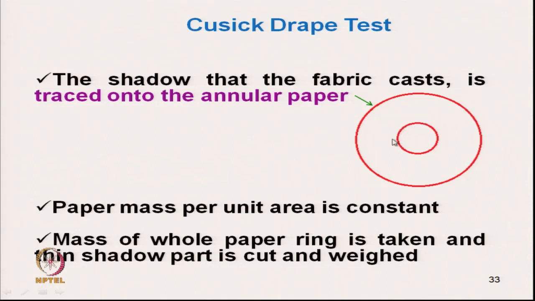The inner hole is the size of the support disc, and this is the size of the fabric. The shaded portion we can trace and simply cut, and then take the ratio. The mass of the whole paper ring is taken, and the shadow part is then cut out and weighed. So, first the mass is taken, then the shadow part.